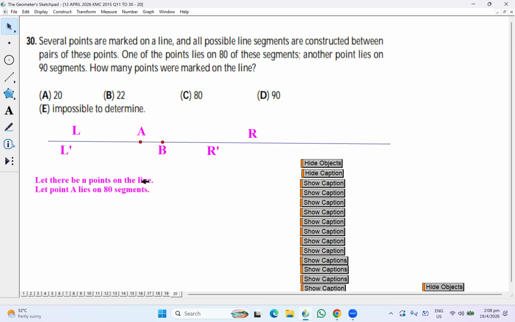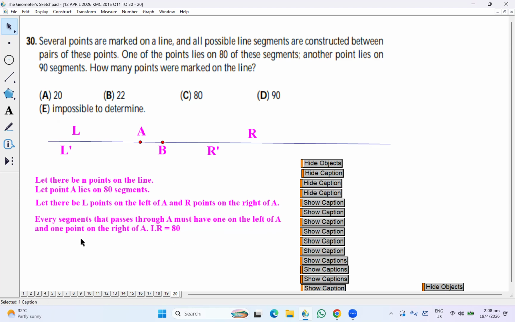Let there be n points on the line. Let point A lie on 80 segments. Let there be L points on the left of A and R points on the right of A. Every segment that passes through A must have 1 point on the left and 1 point on the right of A. So L times R now is 80.